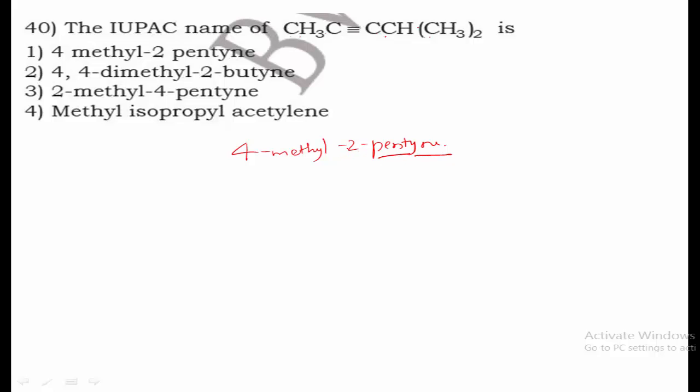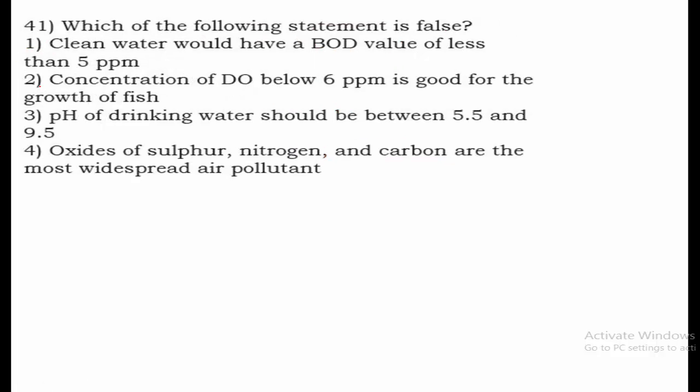The triple bond is present at the second position, numbering from this side, hence 2-pentyne, and at the fourth carbon the CH3 is there, hence we write 4-methyl. Therefore option 1 is the right one.